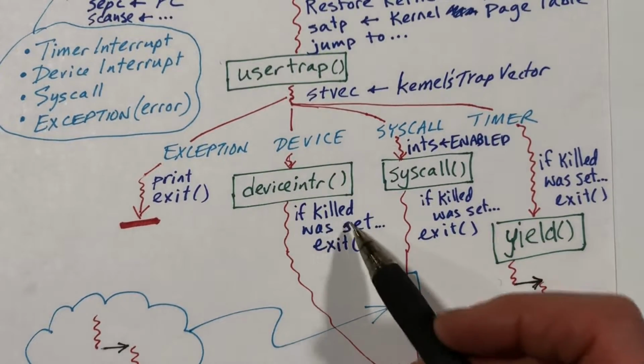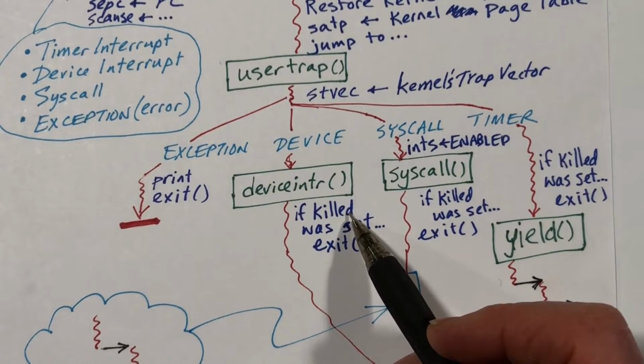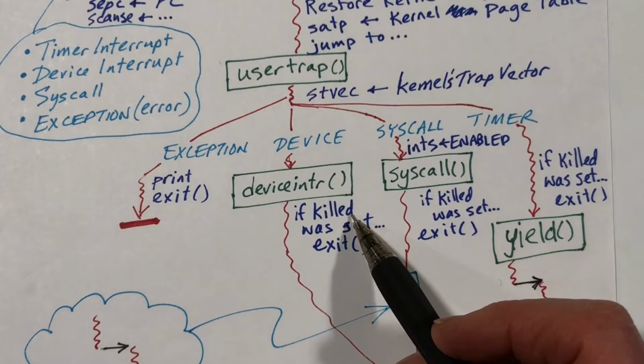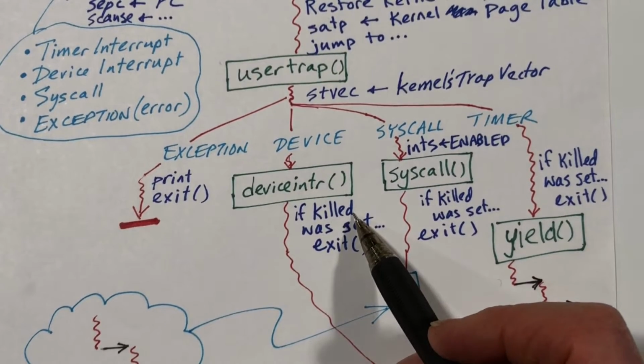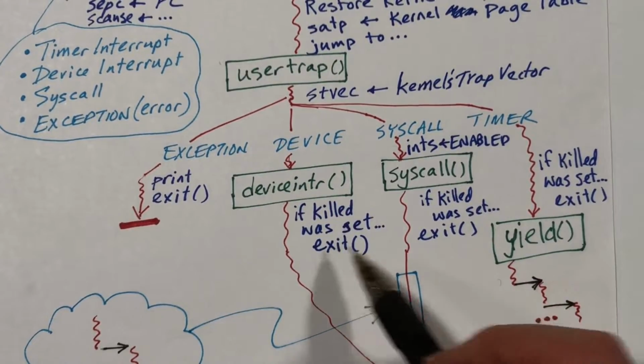There's a Boolean called killed that's associated with each process, and if it gets set, we need to terminate that process. So if for some reason somebody else wanted this process to die, they would have set that Boolean to true. And at this point, we check it. And if it's the case that this process should die, after handling the device interrupt, we then call exit.